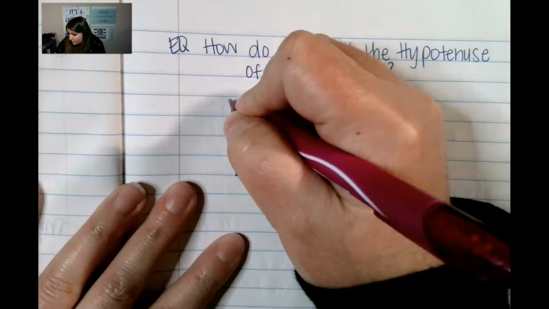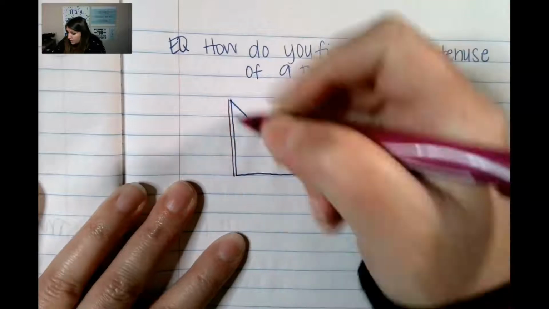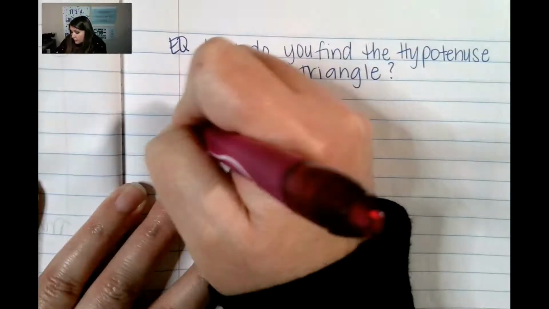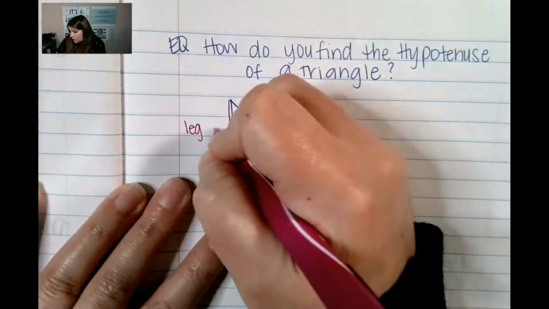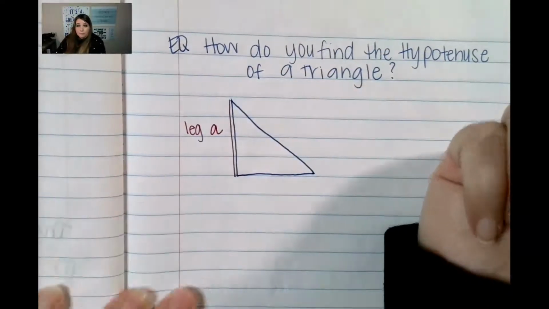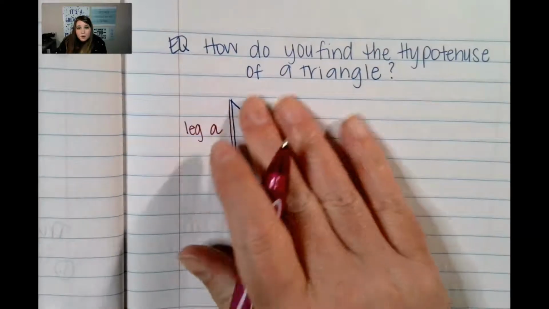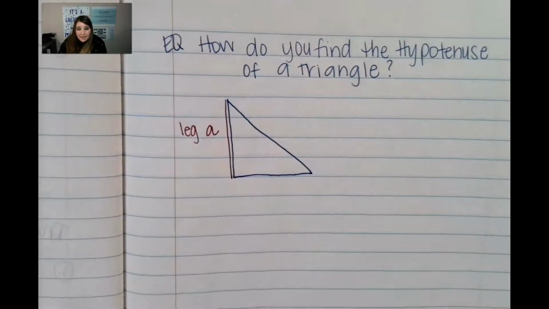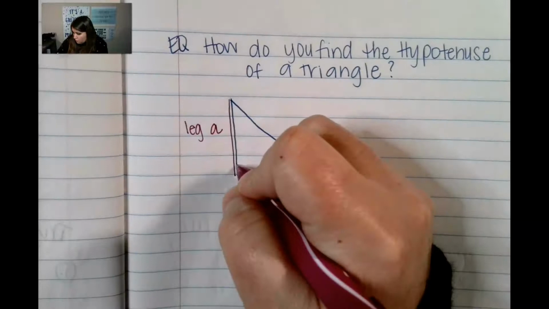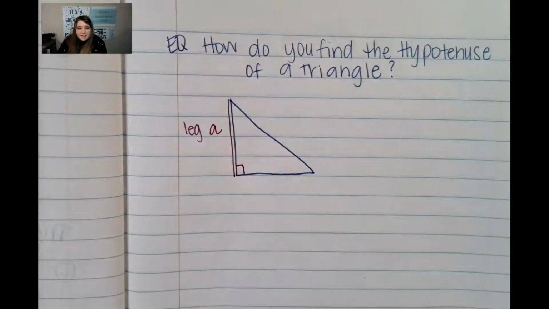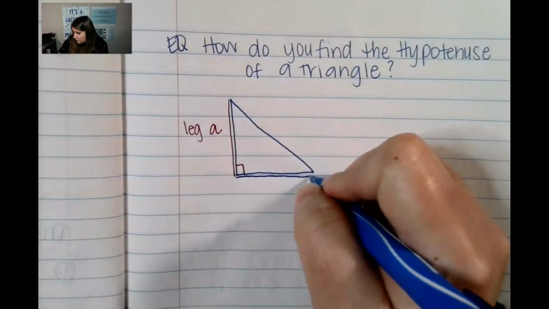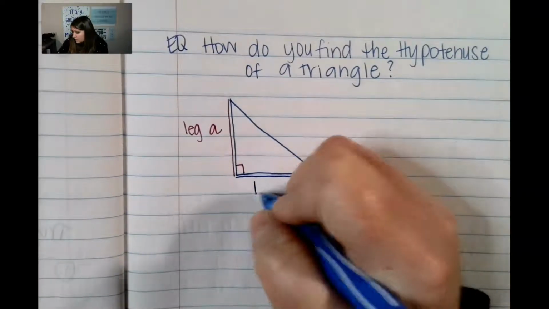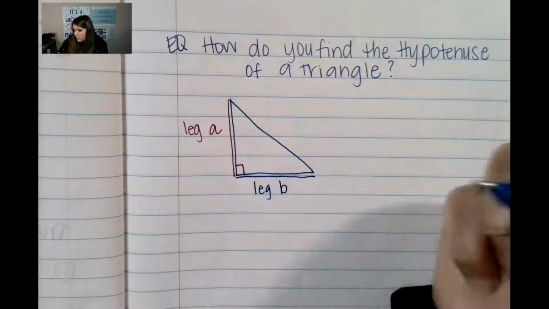So right here, this part here, this is called a leg of a right triangle. And this leg is called leg A. And then we also have another leg on our right triangle. And this leg is called leg B. So this one is on the bottom, and this one is called leg B.